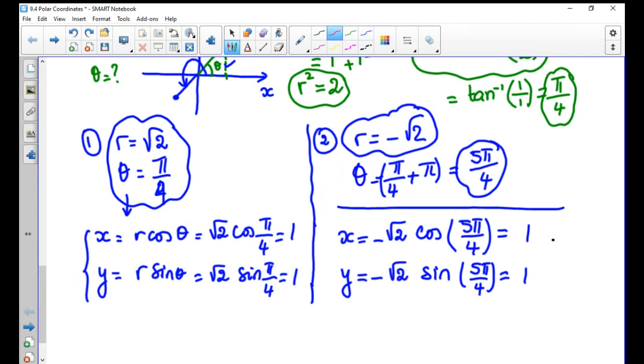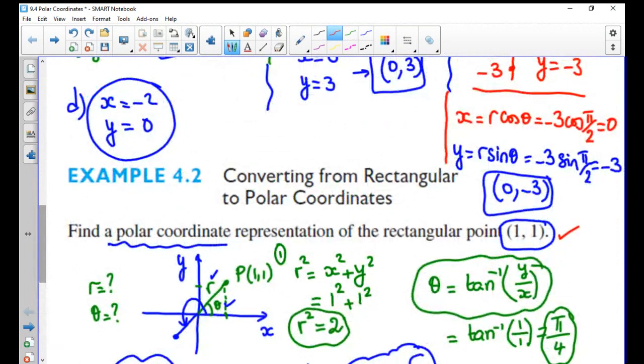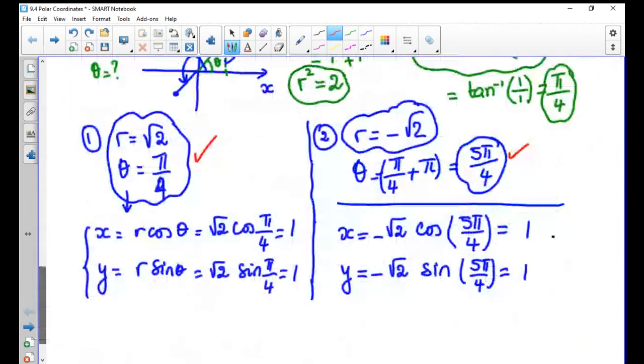So polar coordinates square root of 2 and pi over 4, fine. Also polar coordinates, minus square root of 2 and 5 pi over 4. Also polar coordinates for the same point, (1, 1) in rectangular coordinates.